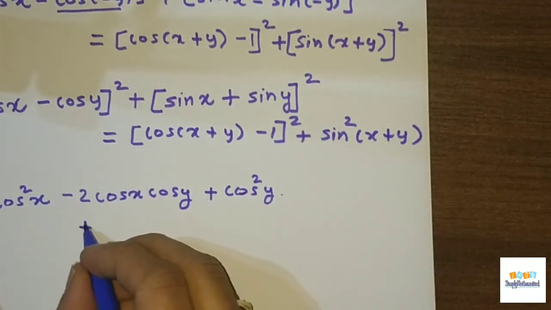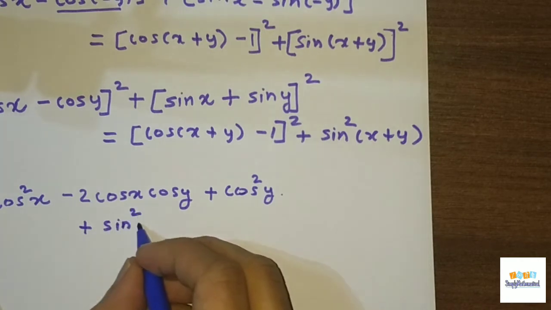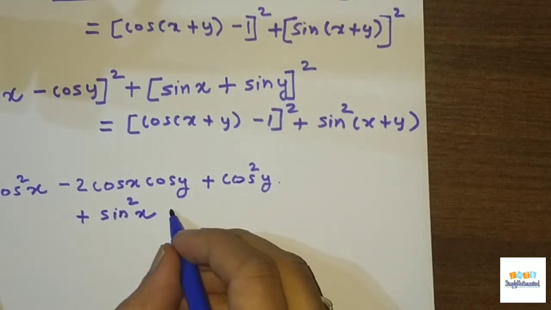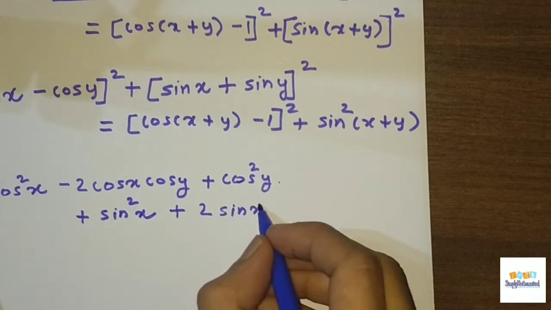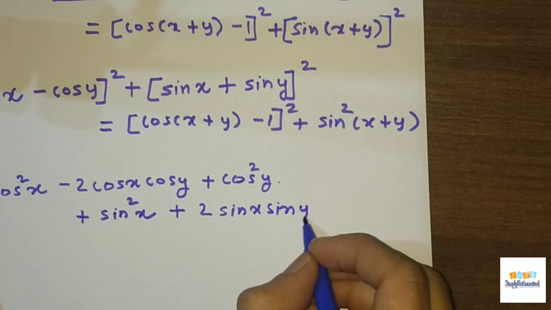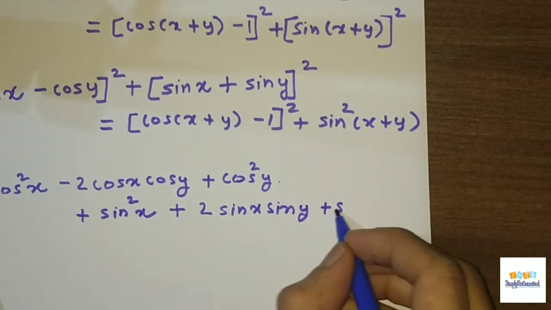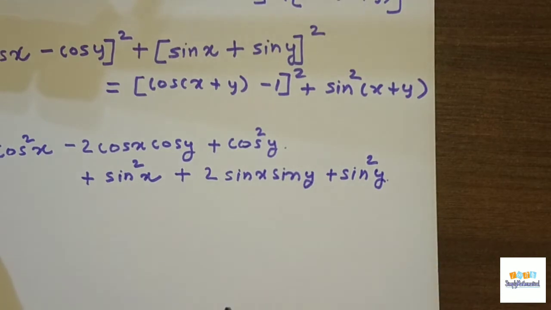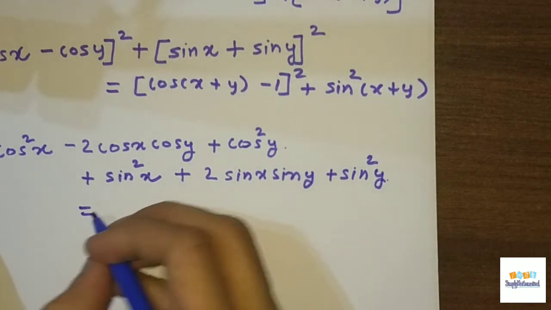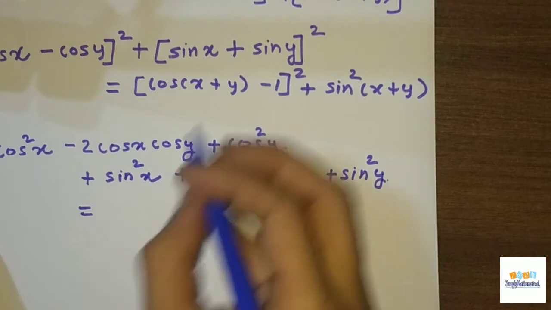So you will get plus sin square x, plus 2 sin x sin y, plus sin square y.